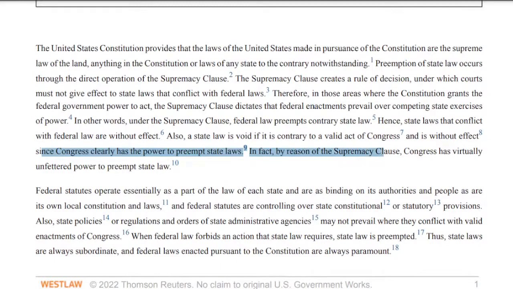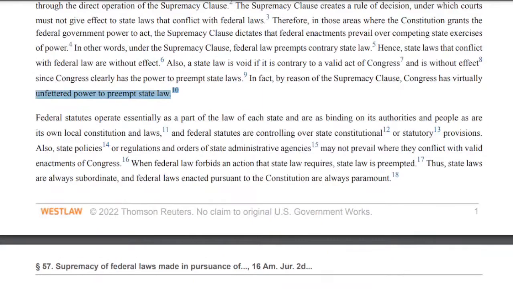In fact, by reason of the Supremacy Clause, Congress has virtually unfettered power to preempt state law. Federal statutes operate essentially as a part of the law of each state and are as binding on its authorities and people as are its local constitution and laws. And federal statutes are controlling over state constitutional or statutory provisions.